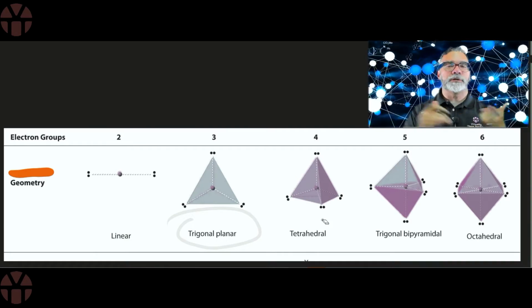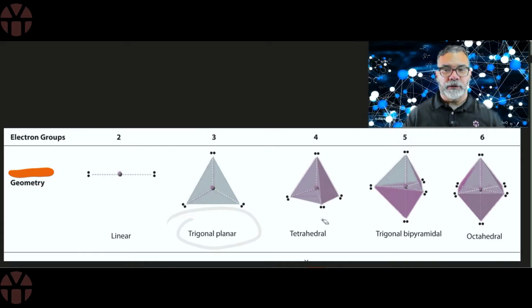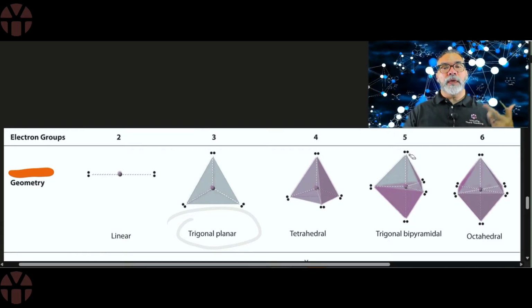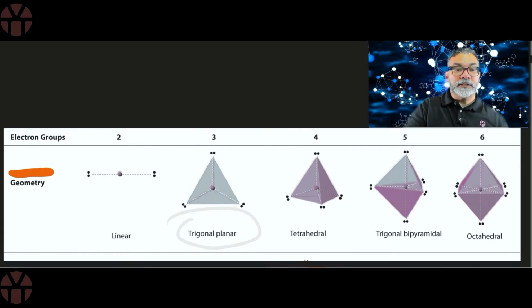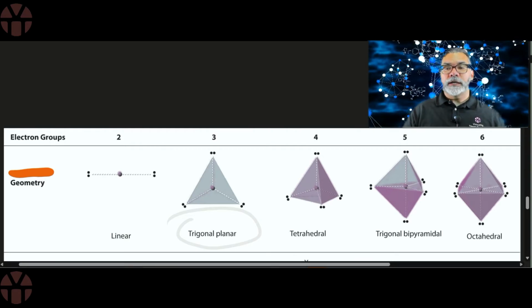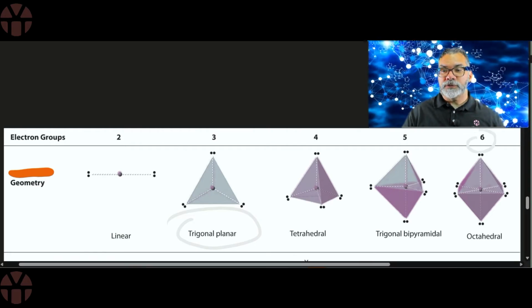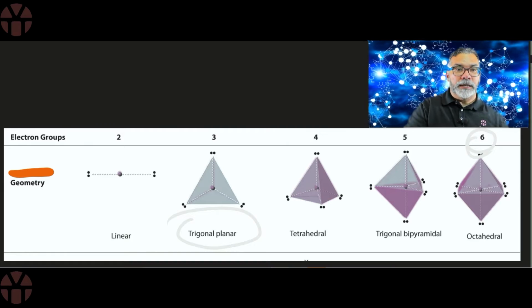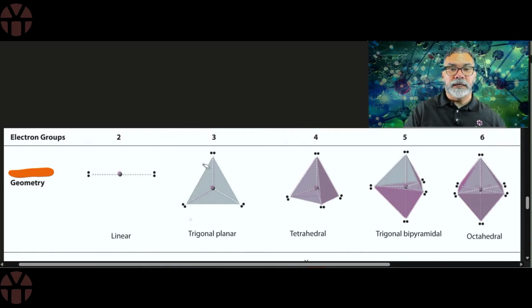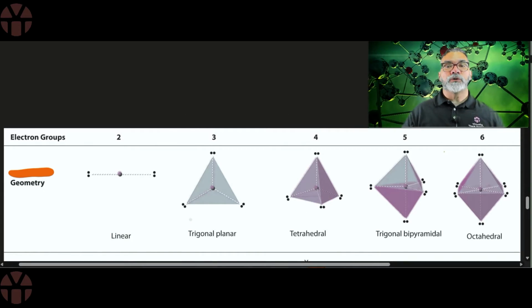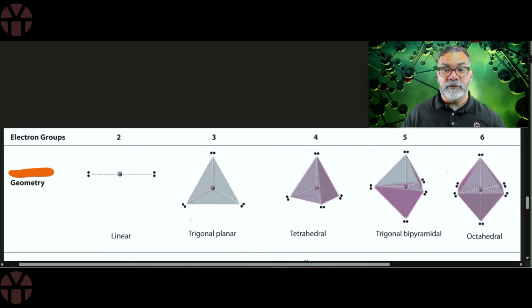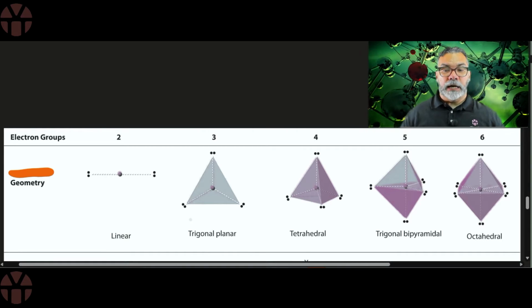Depending on which text you're using, you'll see it, again, tomato, tomato. And after we have 5 possible bonding sites or 5 electron groups, you're then going to see here at the end, we have our 6 possible bonding sites. And these 6 possible bonding sites, again, this is going to more than likely occur when we have an expanded valence shell, but this is known as an octahedral.